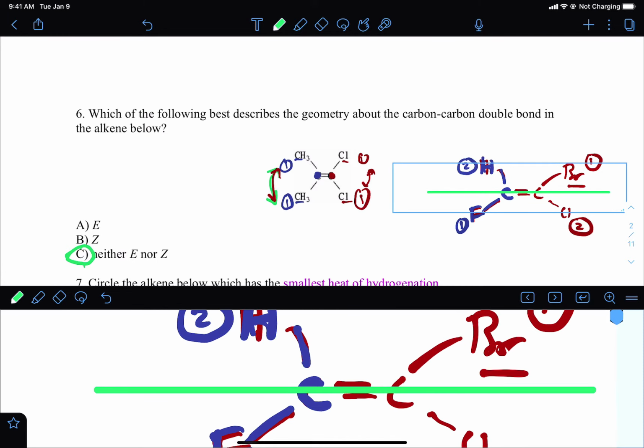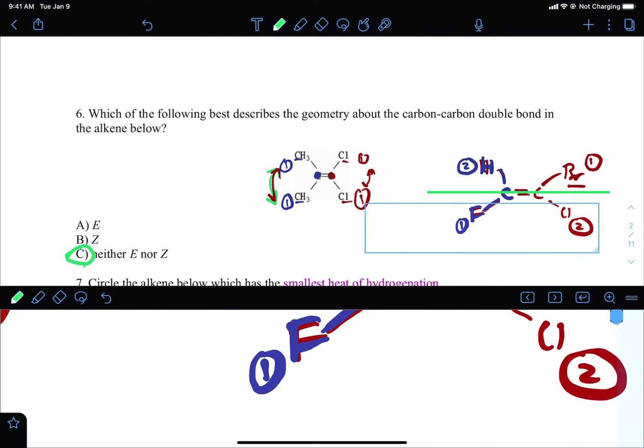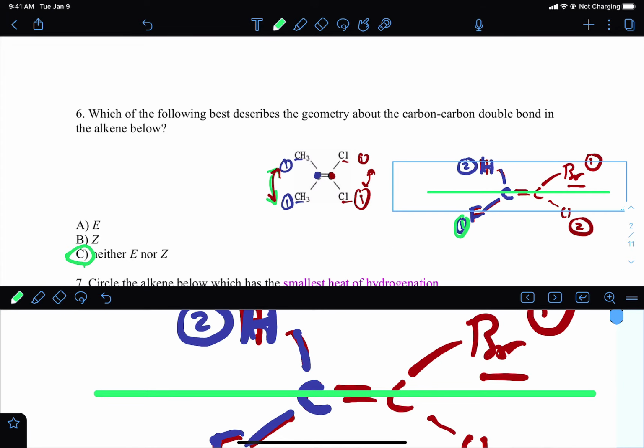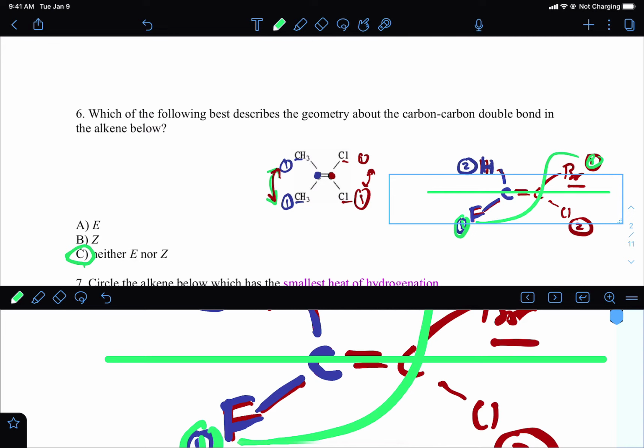And we ask ourselves, are the ones on the same side or are they on the opposite side? And clearly they are on the opposite side. One here and then one here. So we have to cross this line to connect the ones.